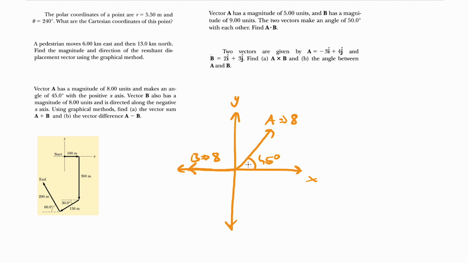To find that, we can put one of these onto the other. Let's put the B on top of A. This is A, this is B. We know that this angle right here is 45 degrees. And since these are parallel to each other, this angle right here is also 45 degrees. What we need to find is this.